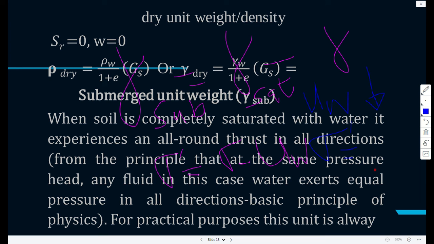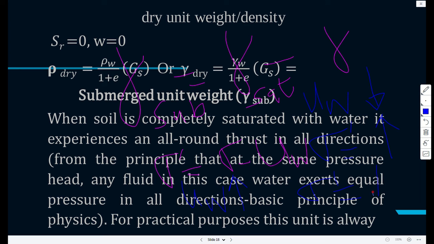Yeah, it goes up. Yeah, good. And then when the pore water pressure goes up, then sigma prime goes down. It goes down.